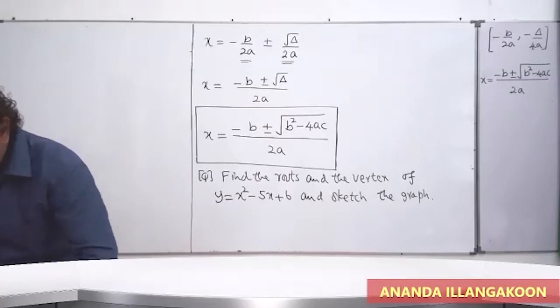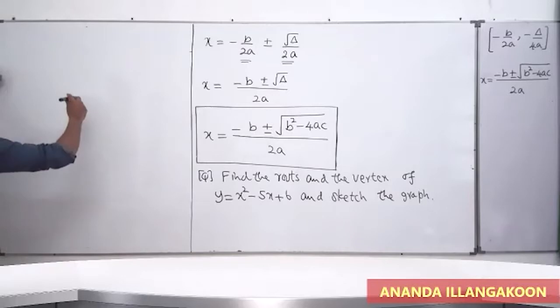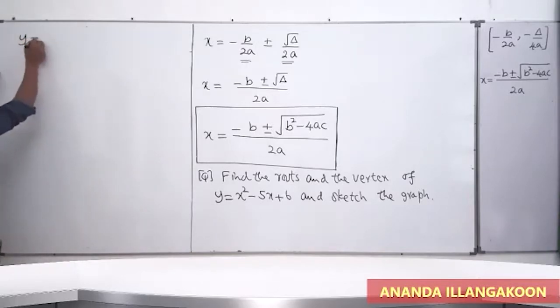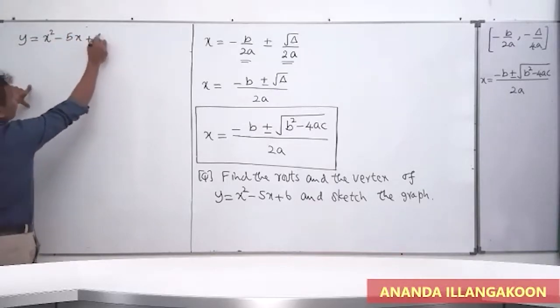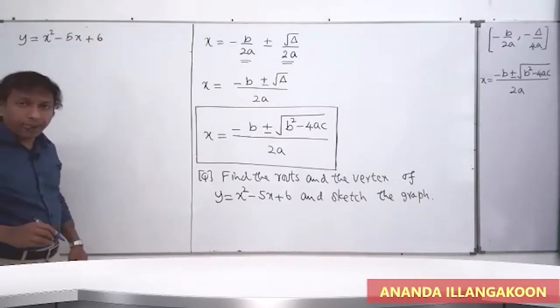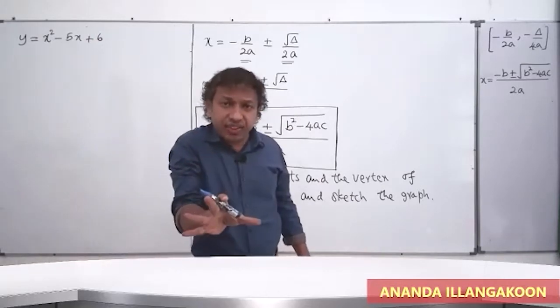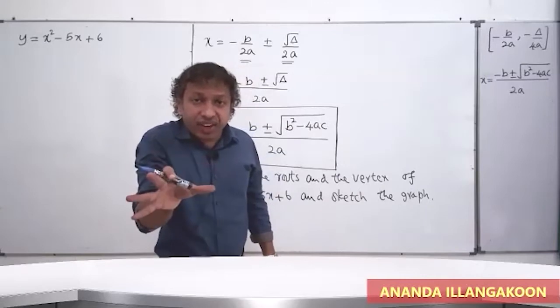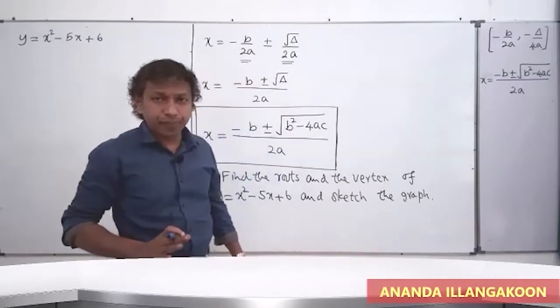Right, now what I am going to do first is this. The given quadratic function, I am going to write like this: y equals x squared minus 5x plus 6. Now I am going to compare this given quadratic function with the quadratic function y equals ax squared plus bx plus c.